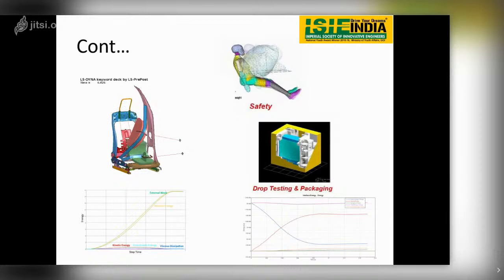When we give the exact physics, it gives the exact results. All kinds of problems, be it NVH, crash, durability, or fatigue analysis, can be solved by various software like Abaqus, Nastran, and Dyna, provided we give the exact physics to it.